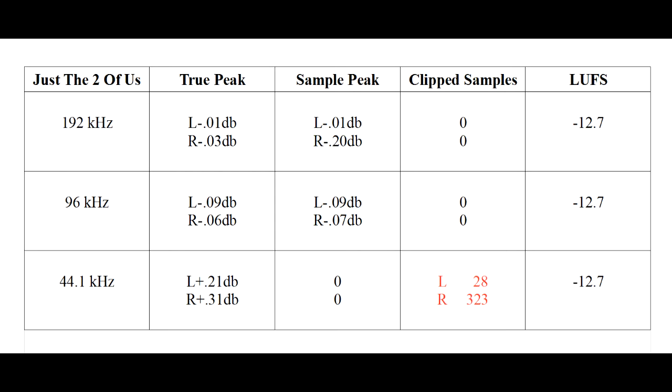So this is just a function of sample rate conversion. It's not a fault of any program. But the left is minus 9/100ths, right is minus 6/100ths on the true peak, and virtually the same on the sample peak, which of course is different than the 192 version.